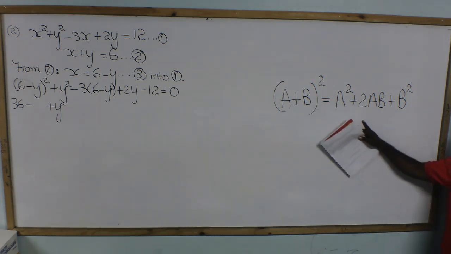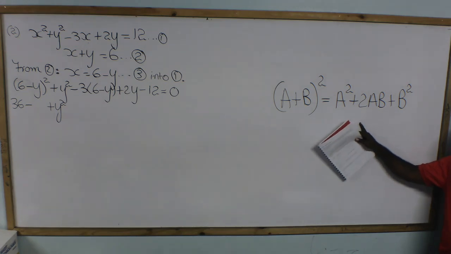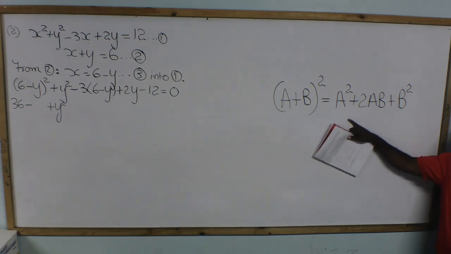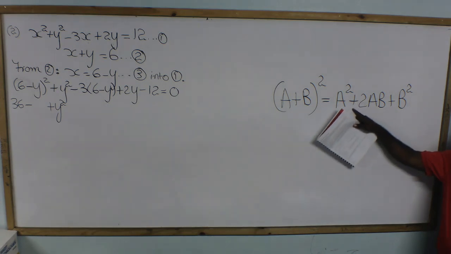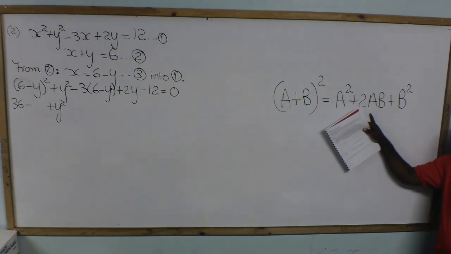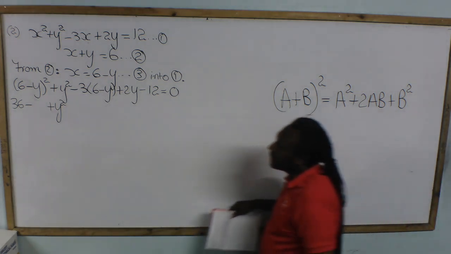The students who were here when we did the perfect square, you should remember this. For the perfect square, there's a middle term that is equal to 2 times the first times the second.